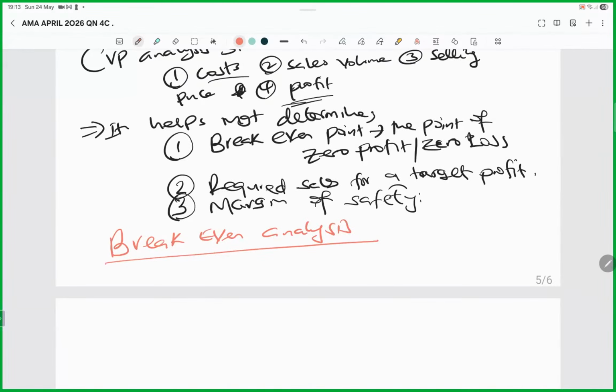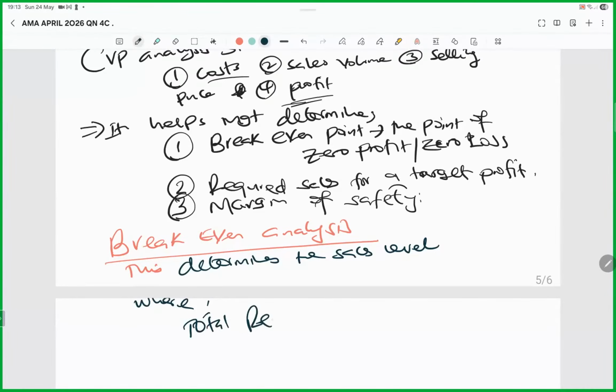Break-even analysis determines the sales level where total revenue equals total cost.